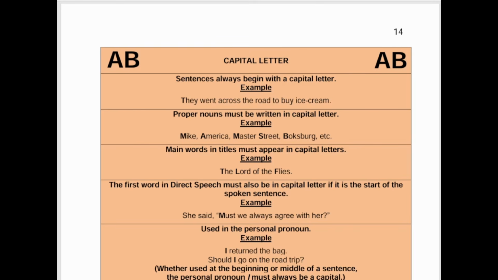There is a main word, the capital letter T. Lord is also a main word, and the first letter L is capital. Flies is also another main word in that title, maybe a series, a movie, or a book. So F has been written with a capital letter also.